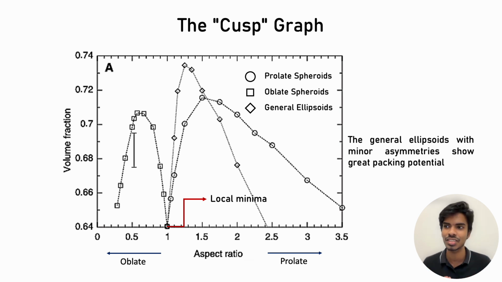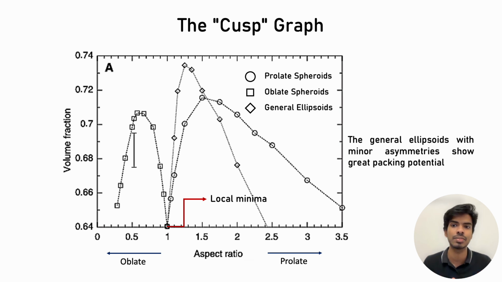Well, this actually contradicts our intuition, and it literally says that if you just add some irregularities to a very regular sphere, then that may increase your volume fraction. This is some kind of an eye opener, and you can see these graphs literally show you everything. If you try to increase the asphericity, or the non-sphericalness of the particle, then the volume fraction increases. But this also comes at an expense.